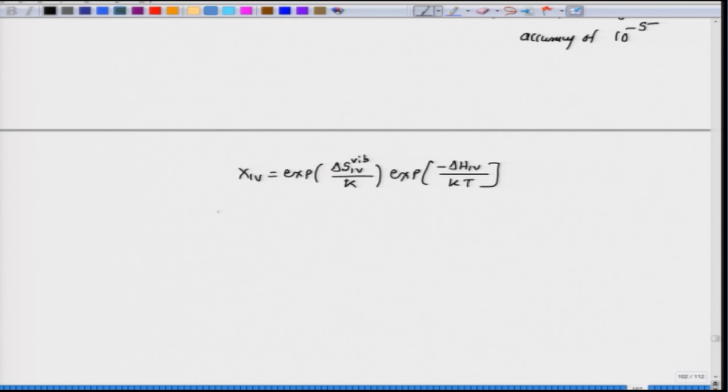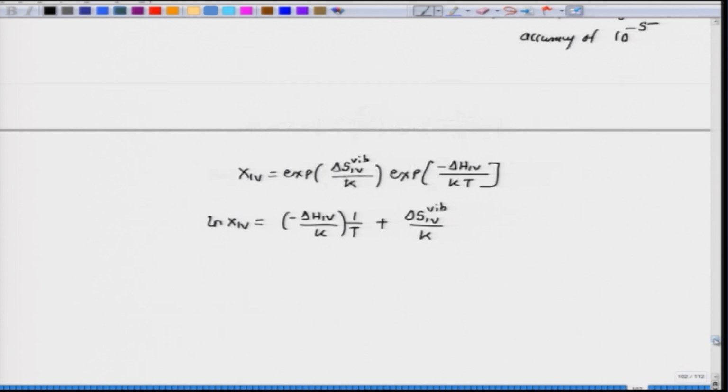So, if we take log on both sides, ln x1V should be equal to minus delta H1V by k times 1 by T plus delta S1V vibrational by k.